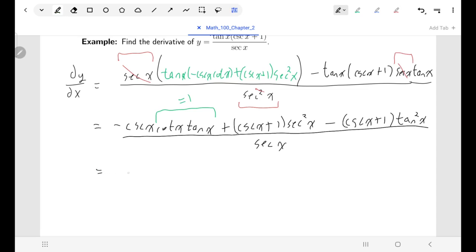I have negative cosecant times 1. I notice here that the last two terms both have a cosecant of x plus 1 involved. So rather than expanding, I'll just, from the last two terms, factor out a cosecant of x plus 1. And that'll leave a secant squared minus a tangent squared.